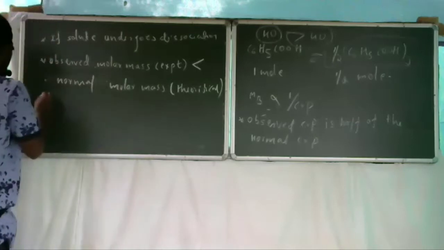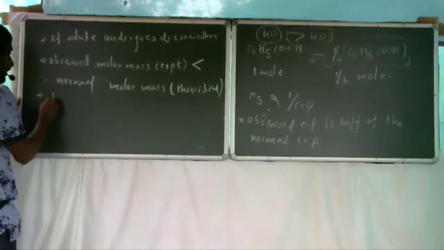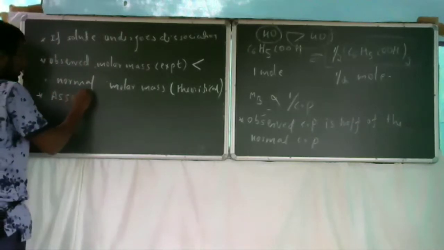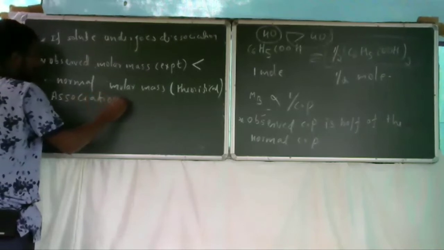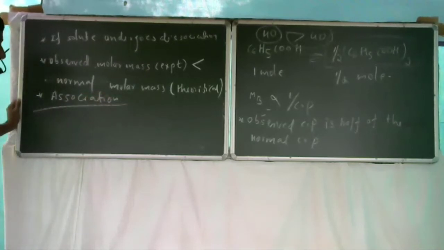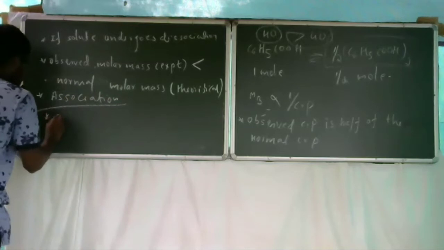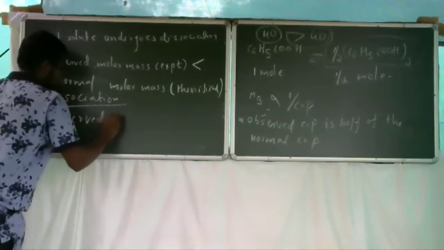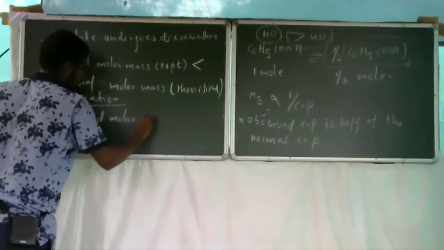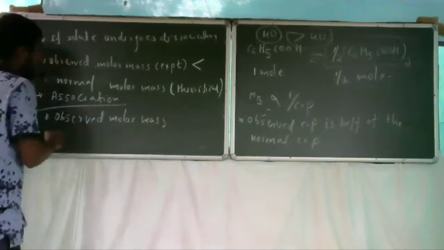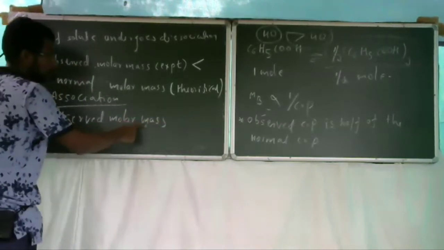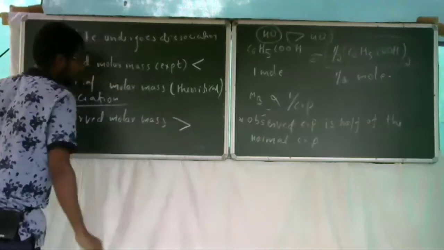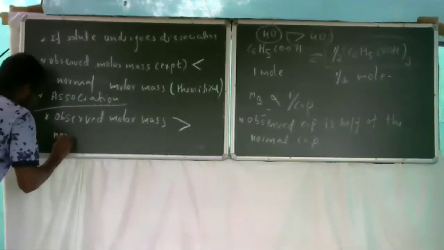Then in case of if solids undergo association, like benzoic acid, observed molar mass, that is experimentally calculated molar mass using colligative property, is always higher than the normal molar mass.